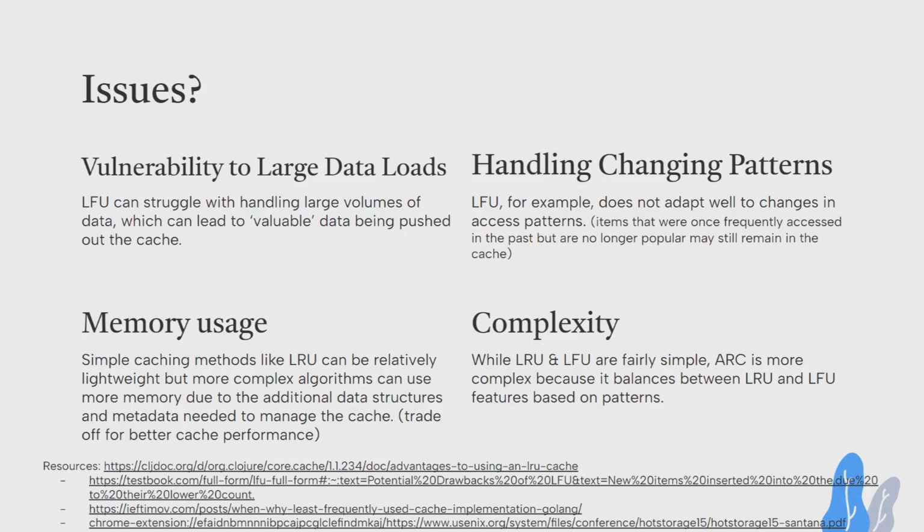A simple caching method like LRU can be lightweight, but more complex algorithms can use more memory due to additional data structures and complexity. While LRU and LFU are simple, ARC is more complex because it balances between LRU and LFU features.